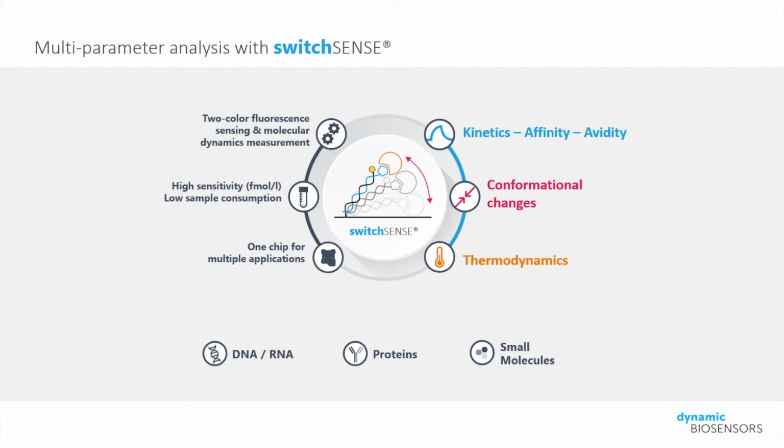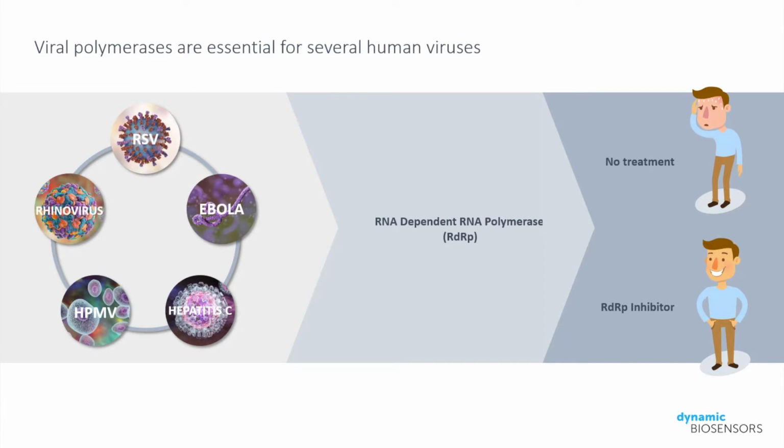The reason we're going to focus on that is because this polymerization by RNA-dependent RNA polymerases is key for a number of human viruses. These viruses that depend on RdRPs range from rhinoviruses, so relatively low risk, right, colds, to much more dangerous diseases such as Ebola.